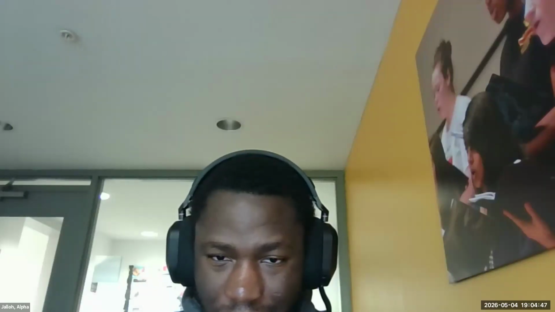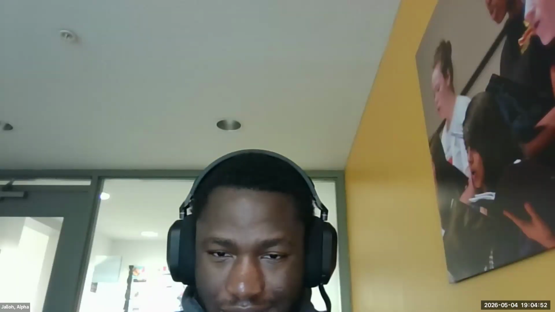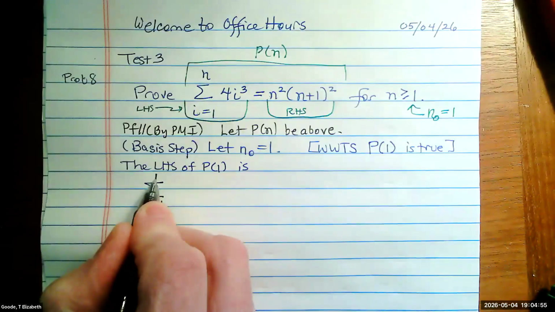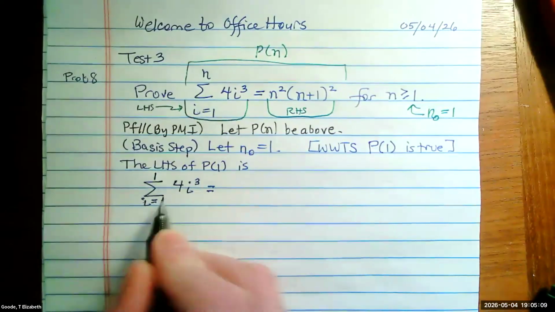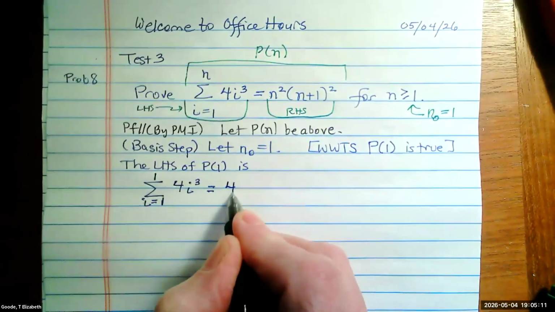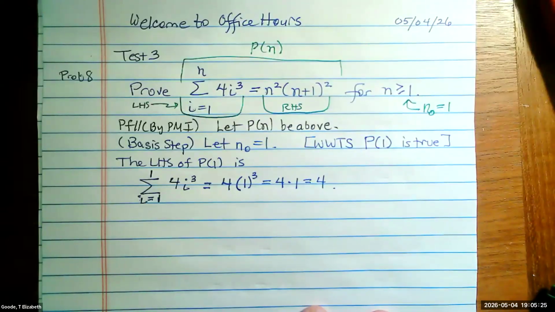The sum of i equals 1 to 1 of 4i cubed. Great. So that's going to be a single term, where i has the value 1. So what will that be? That should be 4 times 1 cubed, and that's just 4 times 1, or 4. So the left-hand side of P of 1 is 4.